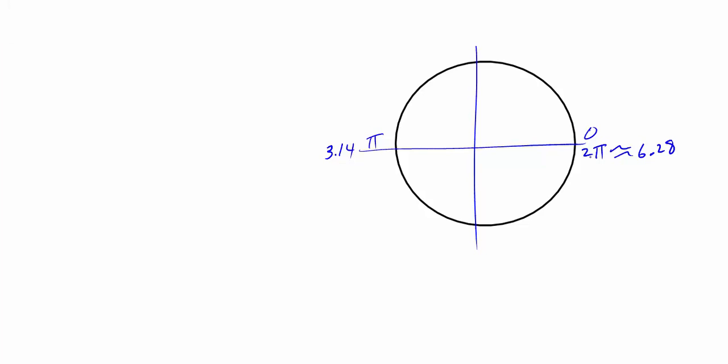Now, let me go ahead and mark these off, and this is something you'll definitely want to be aware of. If we're thinking of radians, 1 radian is where the radius and the arc length are the same. Remember, theta is equal to s over r. So 1 radian is where s and r are equal. So I'm going to estimate this. That's going to be approximately right about here.